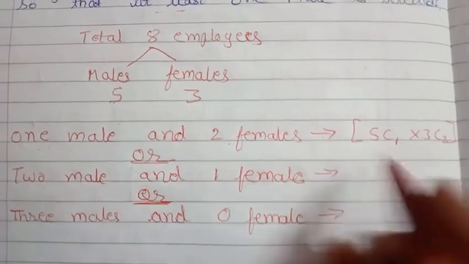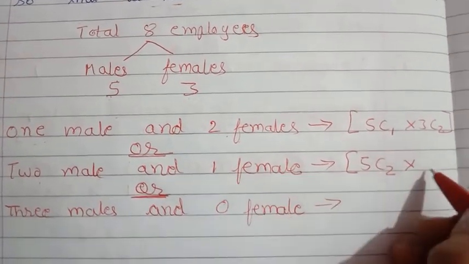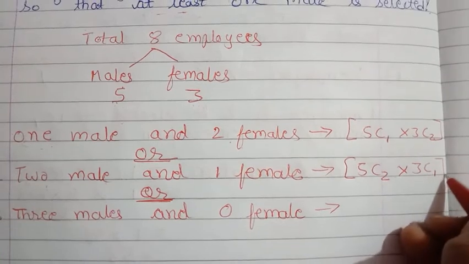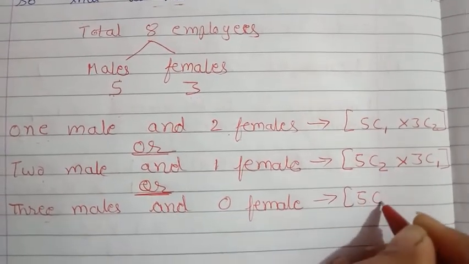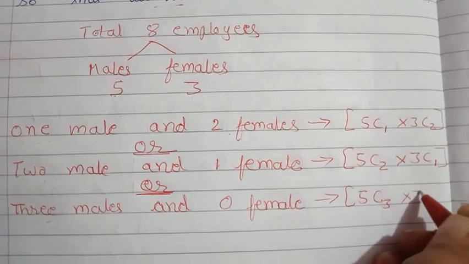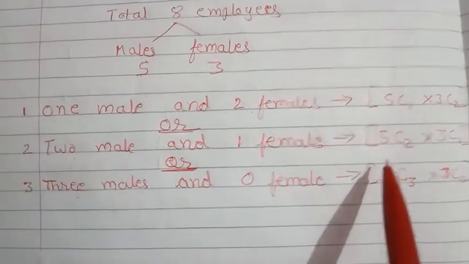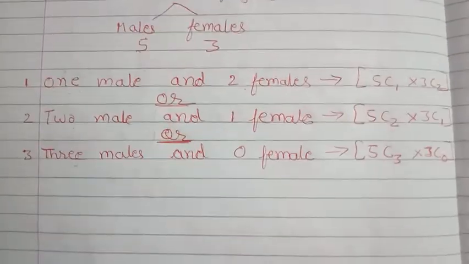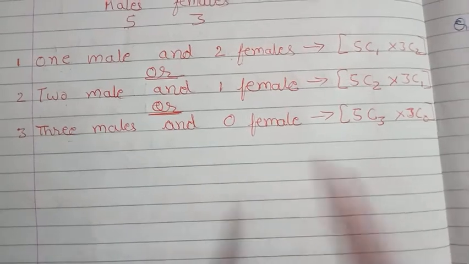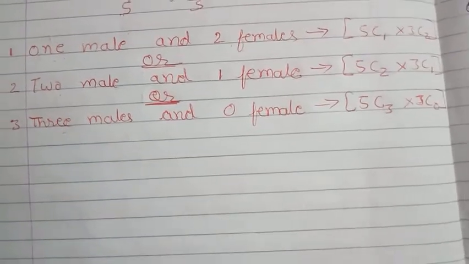Then 2 males, so it will be 5C2 into 1 female, so 3C1, and 3 males and 0 females, so it will be 5C3 into 3C0. So these are the 3 combinations which we have: 1 male and 2 females, 2 males and 1 female, and 3 males and 0 females.